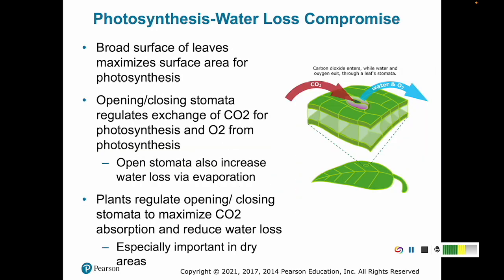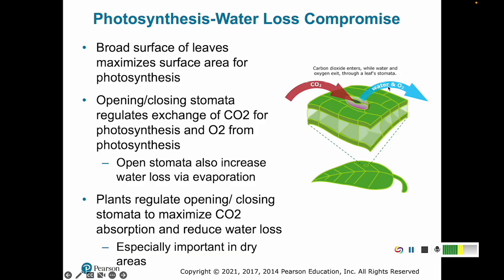Leaves have a pretty broad surface area that will maximize the surface area for photosynthesis. They're able to open and close those stomata, which are those pores on a leaf, typically on the underside of a leaf. So they open the stomata to be able to get rid of oxygen, to be able to bring in carbon dioxide. But when they open the stomata, it also allows water to come out.